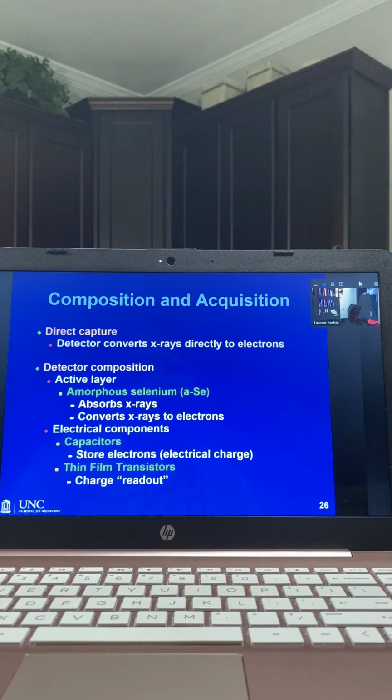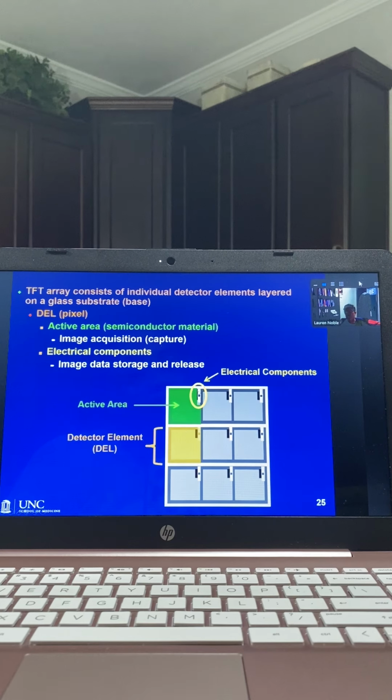Okay. So, I have a question. So you're saying that the DEL is the actual pixel and it's made up of those materials? The DEL is a square. It's a pixel, but when it comes to flat panel detectors, it's referred to as a DEL, or detector element, as opposed to calling it a pixel, but yet it is a pixel. You do need to know that square, that detector element, is referred to as a DEL.